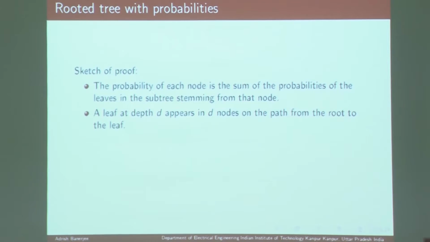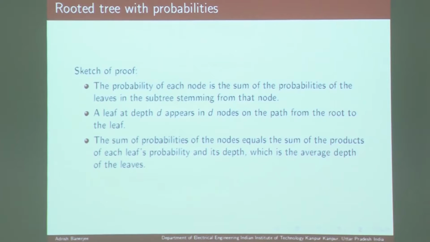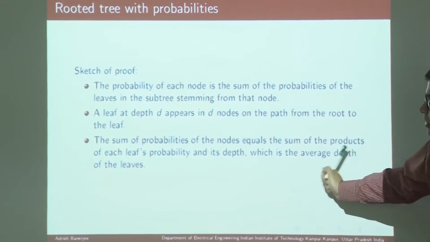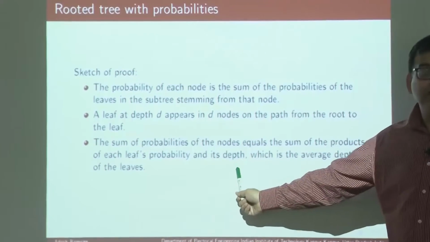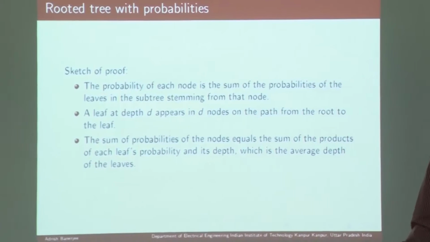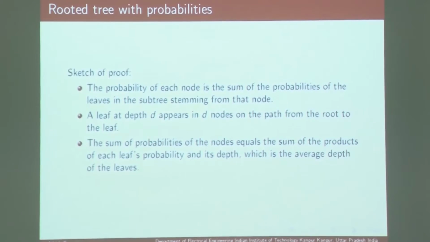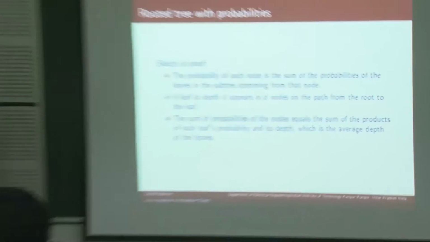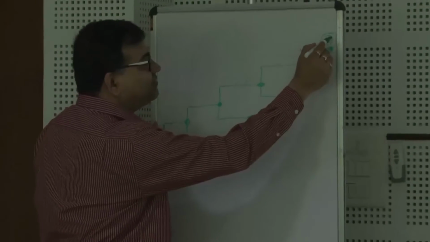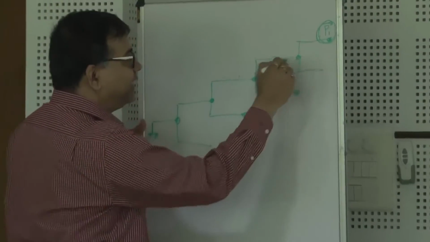Now if I add up all the probabilities of the nodes, what am I doing? The sum of the probabilities of the nodes is equal to the sum of the product of each leaf's probability multiplied by its depth. Why? Because this contribution is appearing here, here, here, here; the contribution of this is appearing here, here, here.